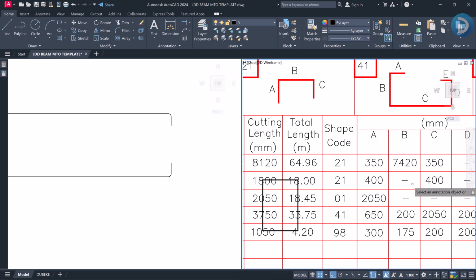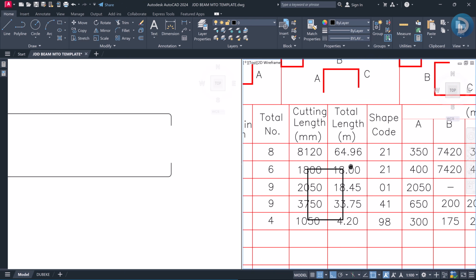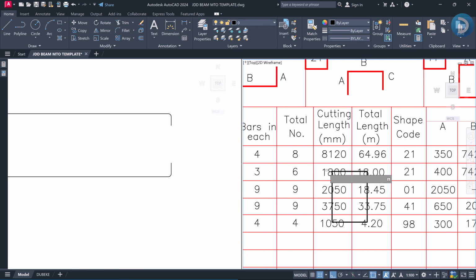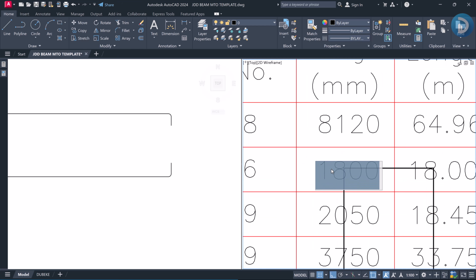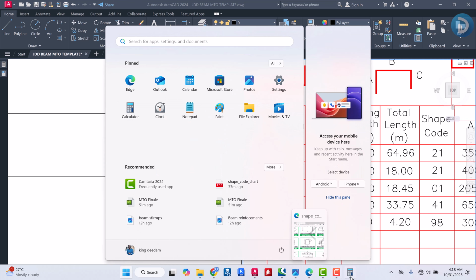So taking out the concrete cover from the left and right, which is 800 millimeter, this has to be 7420, right? And there is an additional 50 millimeter on both sides, which means the cut length here will be 8220, right? So we have this at 8220. Converting this to meters, we have 8.22.